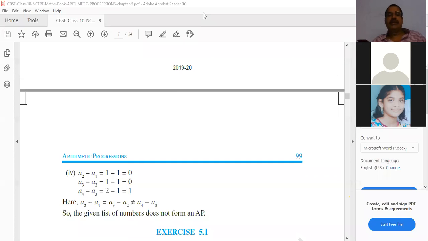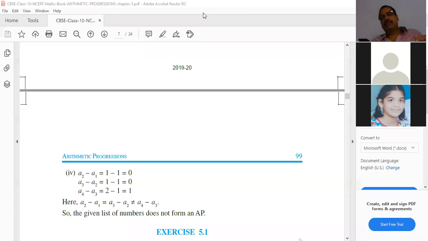Only 18 members are here. Irtika, is it audible? A_79 equals what?